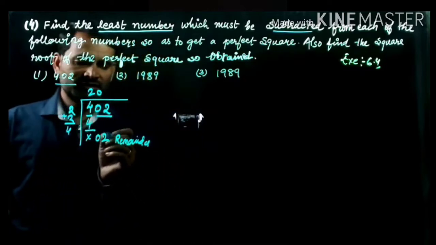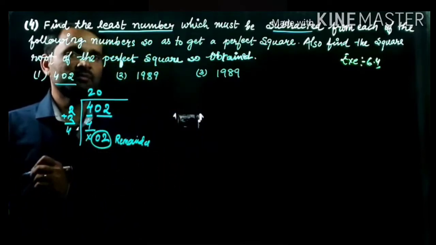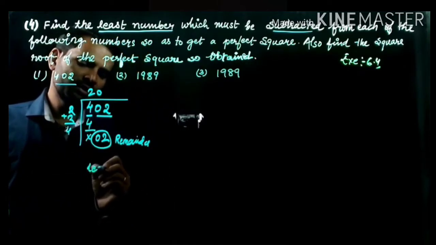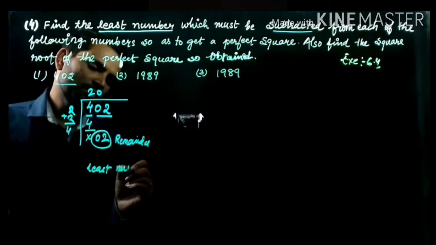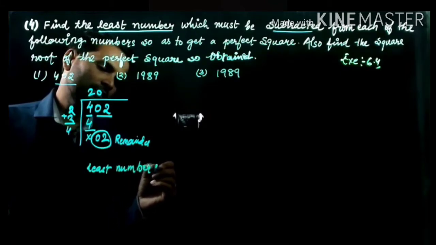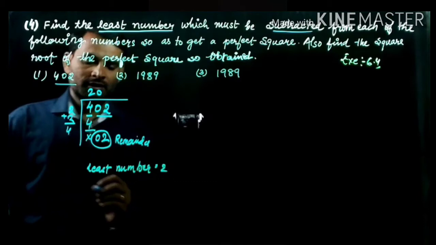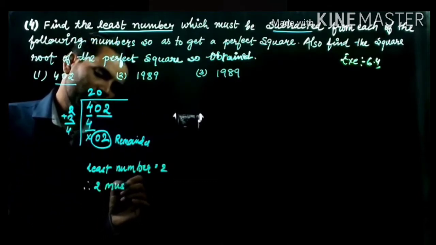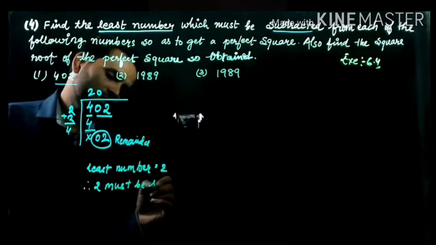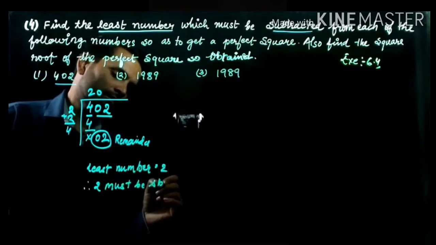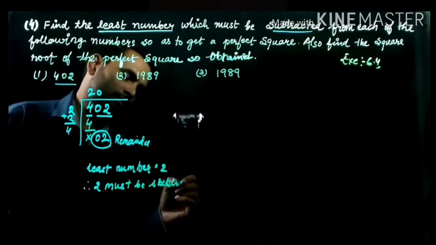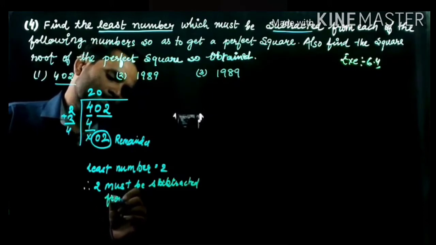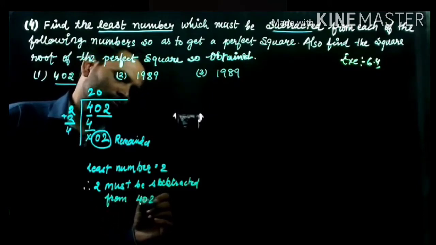So this remainder is the extra number. It means the least number is 2, and this 2 must be subtracted from 402.